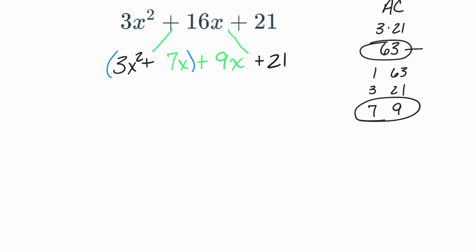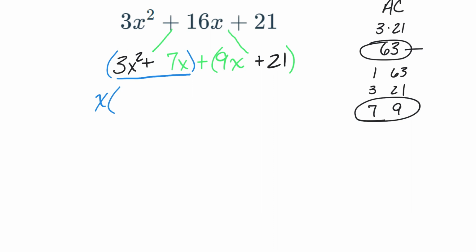If you remember from yesterday, anytime we have 4 terms, we need to start thinking about factoring by grouping. So I'm going to factor by grouping. I put the first 2 terms together and the last 2 go together. And I see between the 3x squared and the 7x, the only thing that they share is an x.